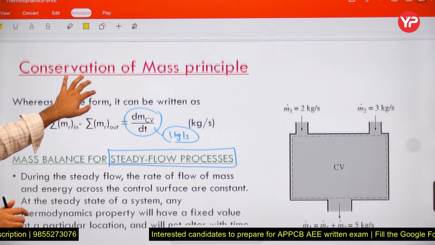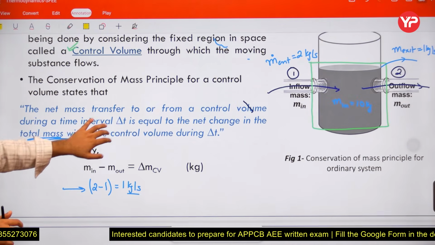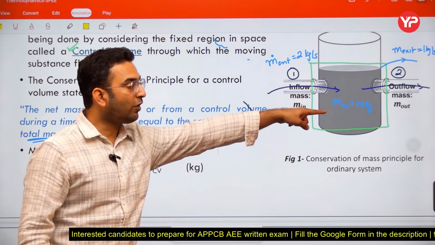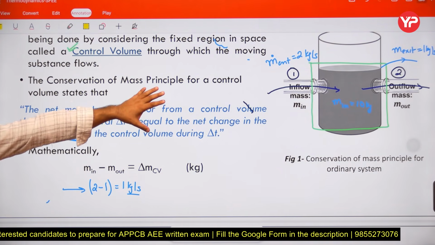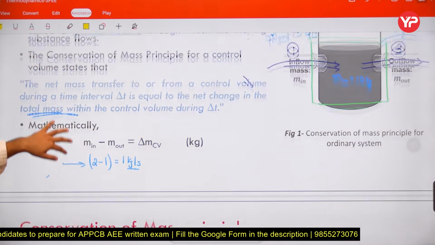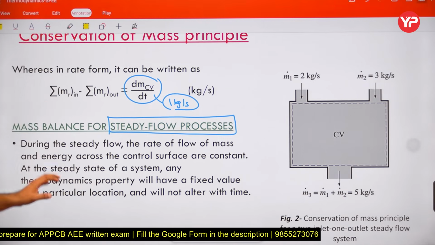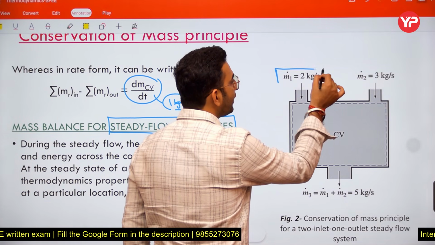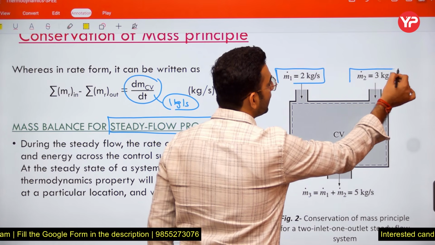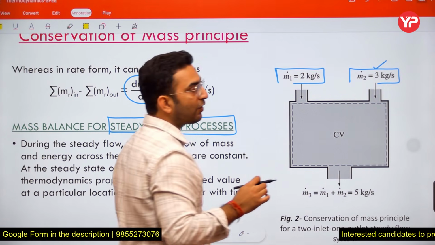Okay, so here you can see the mass inside the control volume is continuously changing with a rate of 1 kilogram per second. That means we are dealing with the unsteady flow. But in this case, if you just see this particular diagram, at position number 1 the mass flow rate is 2 kilogram per second. At position number 2 the mass flow rate is 3 kilogram per second.